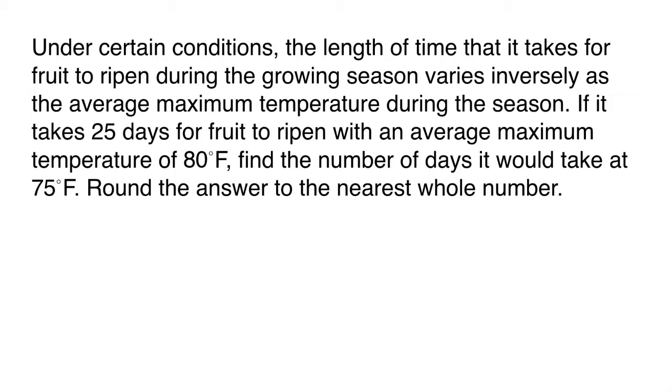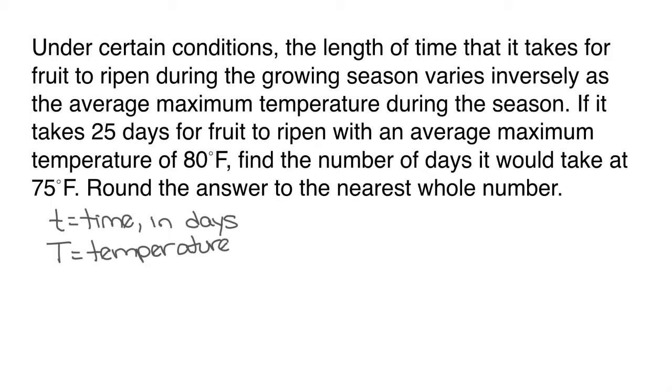We're told that the time it takes for the fruit to ripen varies inversely as the average maximum temperature. Let's let time be lowercase t and the average maximum temperature be capital T. And time is in days, and the average maximum temperature is in degrees Fahrenheit.